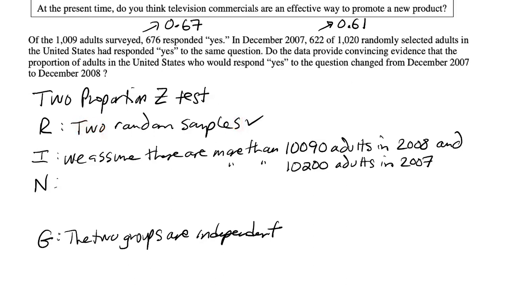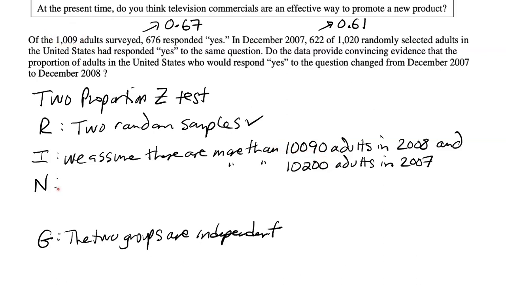We check the 10% condition for independence. Since we're sampling without replacement, you really don't have true independence, but we can ignore that issue as long as the population is very large, and the population of the US is definitely bigger than that for both years. You do have to check that for each individual sample. So take your sample size times 10, add a 0 at the end, and you get that.